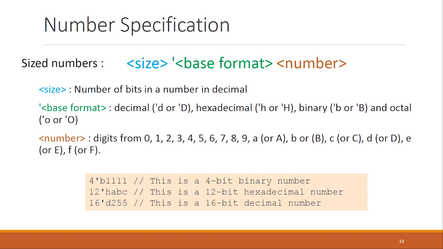This section might be something new to you, because something like this is not seen in C. You don't have similar syntax in C to specify numbers. Now we'll see how this works. This actually is about how you can specify numbers or how you can define numbers in Verilog.